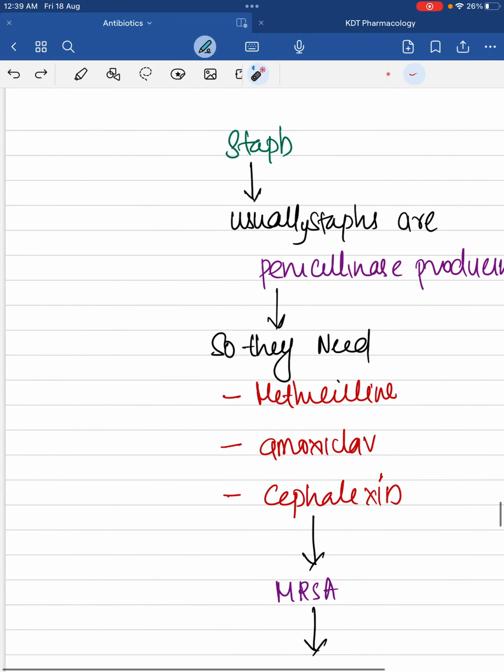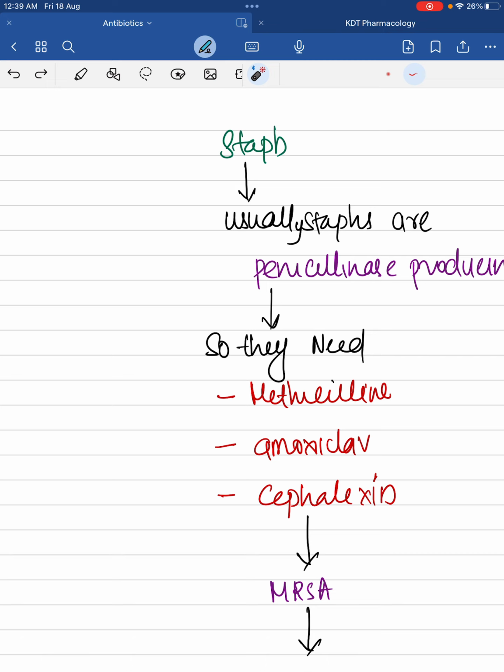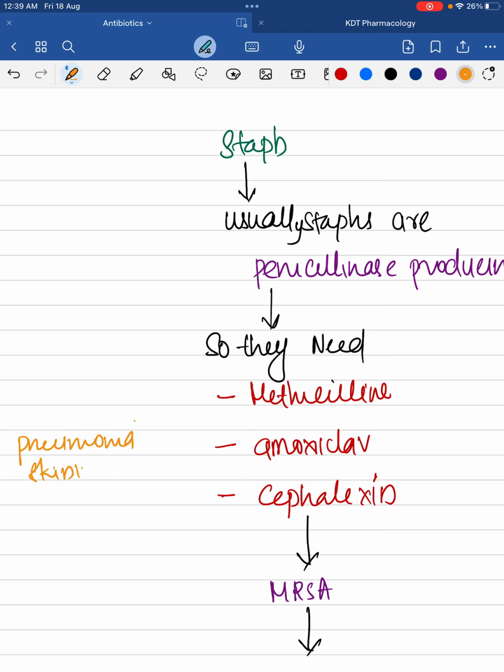When will we use them? Like what? Simple pneumonia, skin infections, simple skin infections. In skin infection we will give oral cephalexin. In simple pneumonia we will be giving amoxiclav.